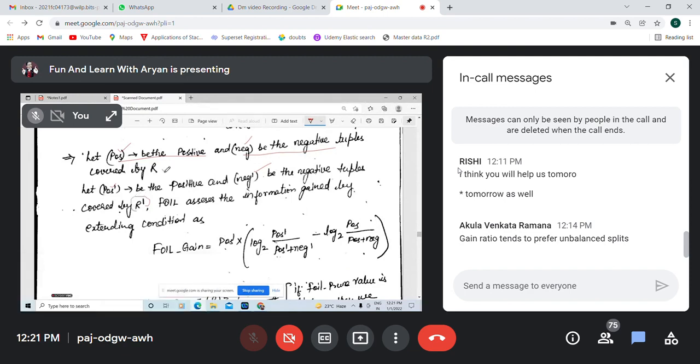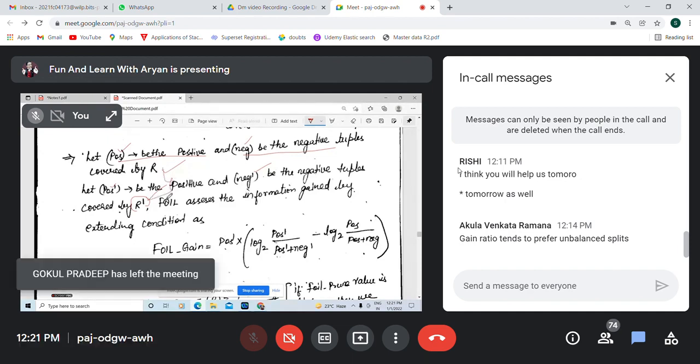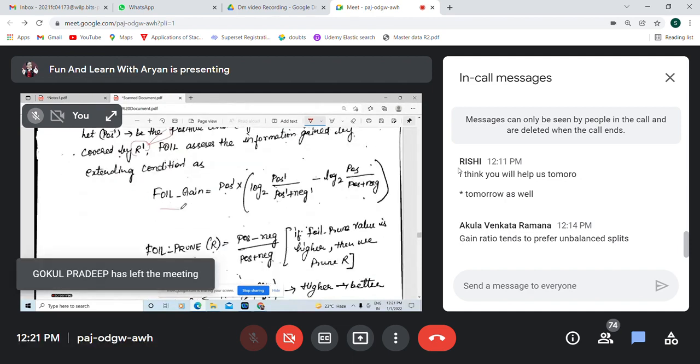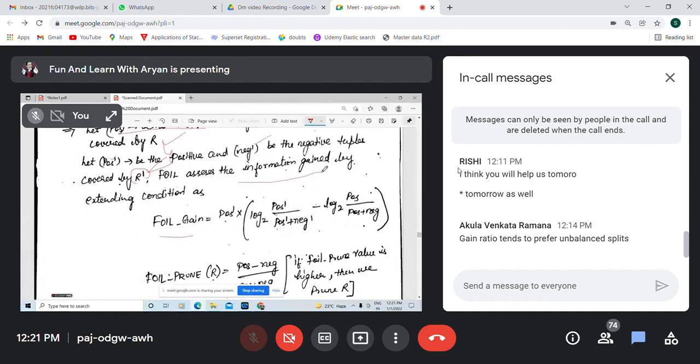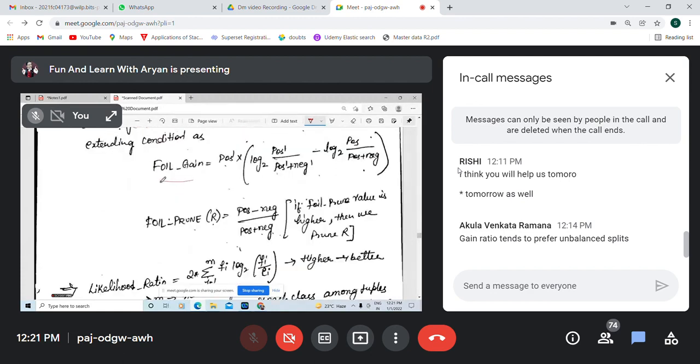There are 2 different rules now, rule 1, rule 2. We have to decide which rule is better. In order to decide that, we calculate FOIL gain. FOIL gain is nothing but the information gained with rule 1 and rule 2. So you calculate FOIL gain.